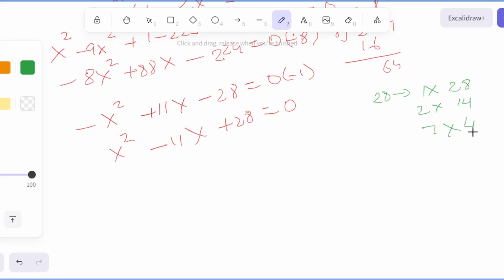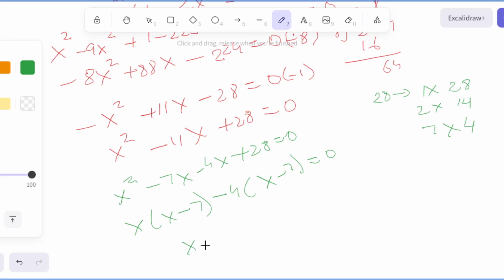So x square minus 7x minus 4x plus 28 equal to 0. From here take x common, and from here take minus 4 common. So this becomes (x minus 4) times (x minus 7) equal to 0. Now either x will be equal to 4 or x will be equal to 7. That's what our answers are.